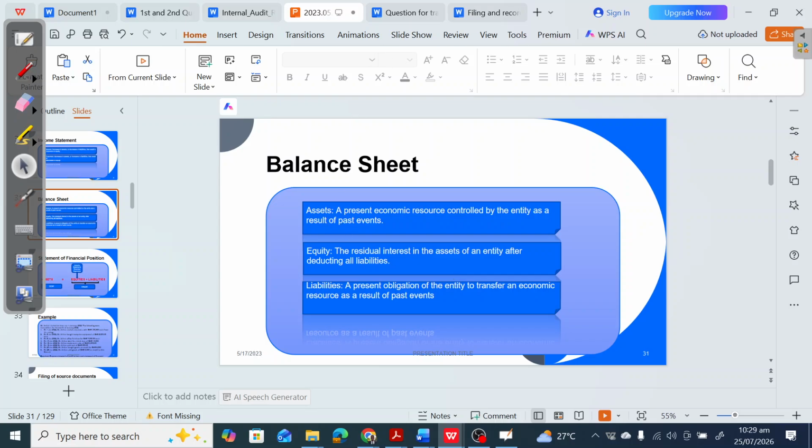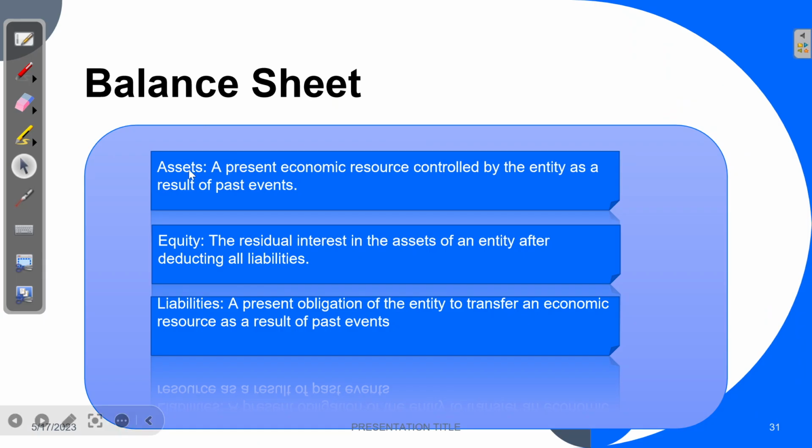So an asset is an economic resource controlled by an entity. Another important word is control. You should be able to have control over the use of the assets, as a result of past events. The main words are resources and control, and also benefits, economic benefits.